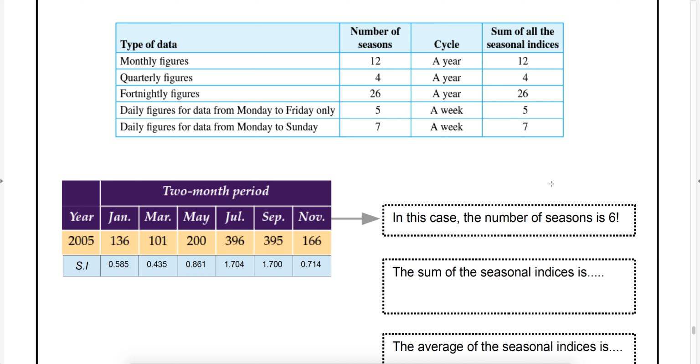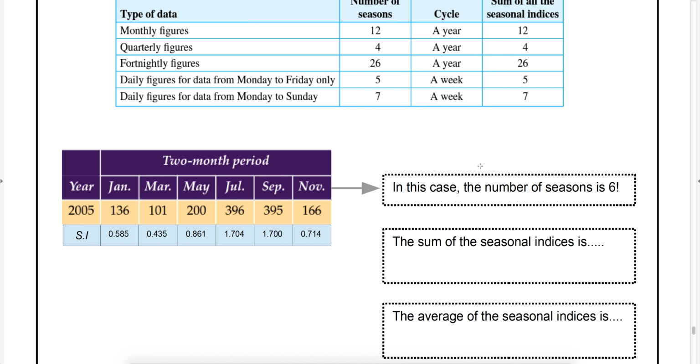Fortnightly is not as common, but there are 26 fortnights in a year. That's something you're going to need to know for your financial modelling, which we'll do in term 2. So that's one you need to commit to memory immediately: 26 fortnights in a year. Daily, if you're just working Monday to Friday, is obviously 5, and 7 for a full week.